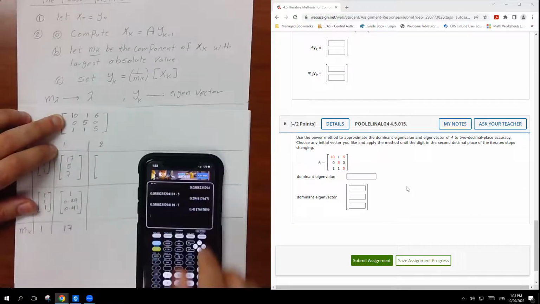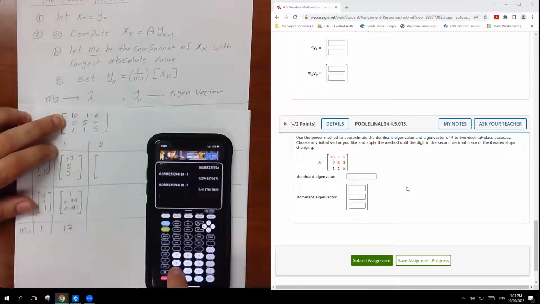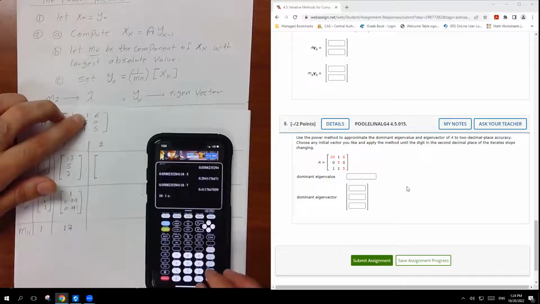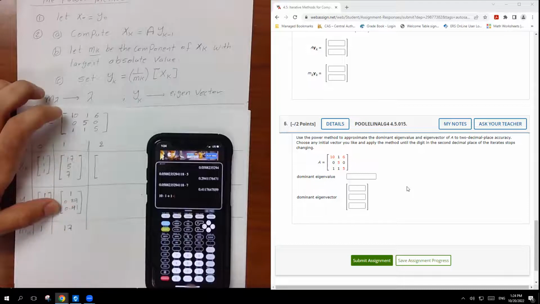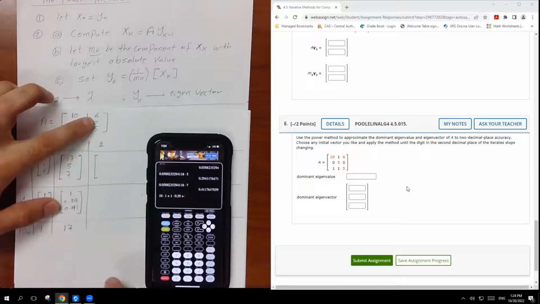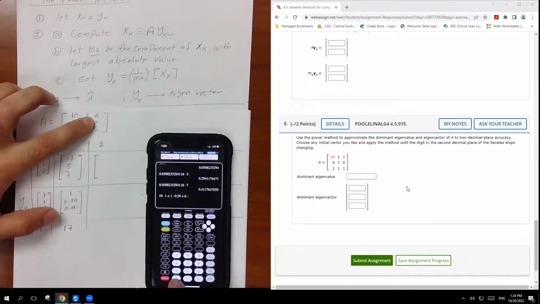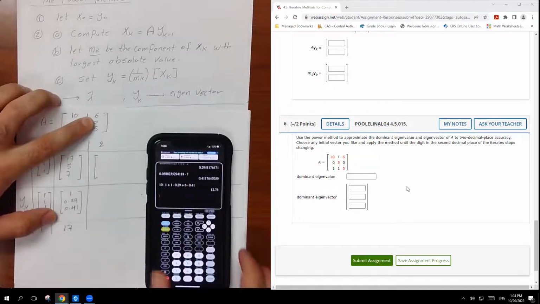That's why you have to be careful. 10 times 1 plus 1 times 0.29, plus 6 times 0.41. The result is going to be 1275.